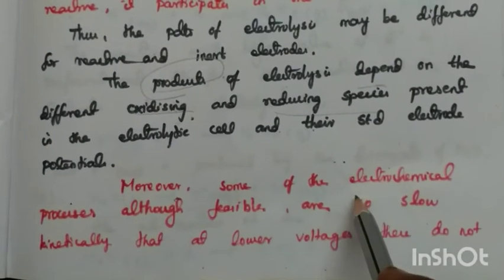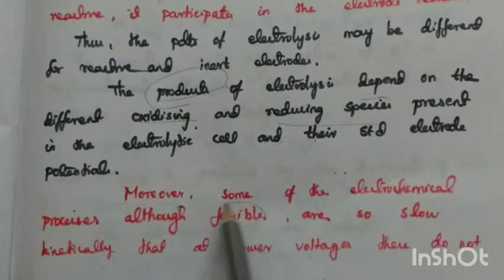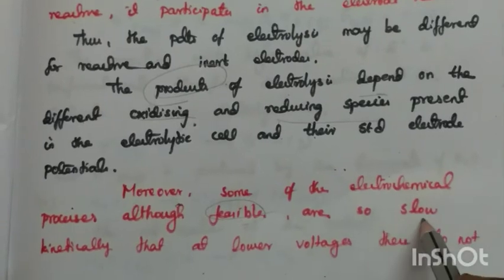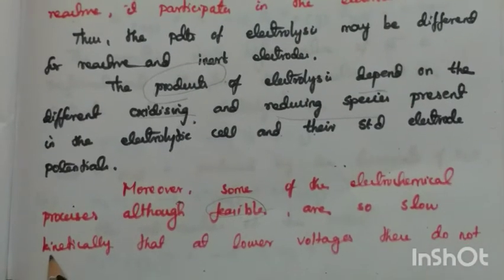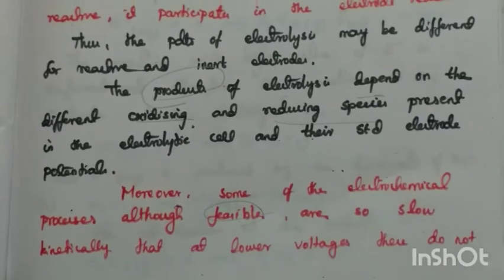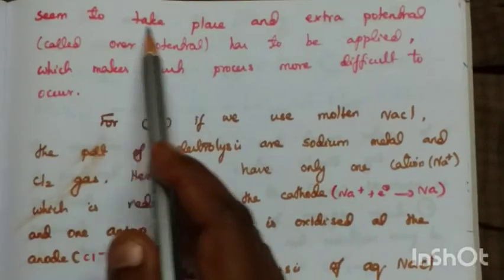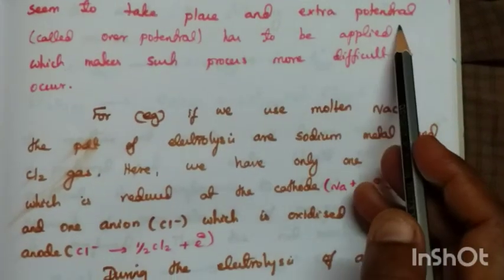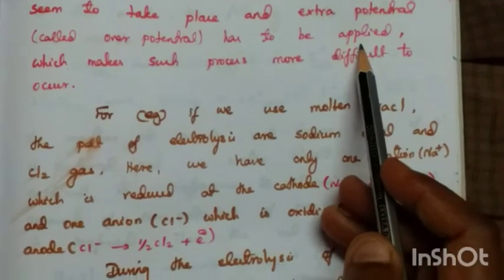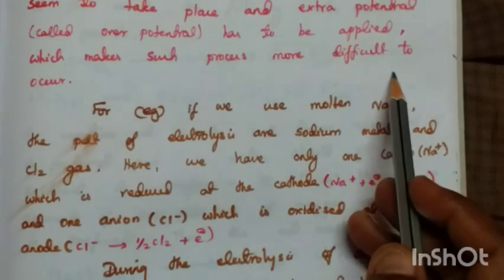Moreover, some of the electrochemical processes, although feasible, are so slow kinetically that at lower voltages these do not seem to take place, and an extra potential called overpotential has to be applied. That means the process is very slow, so we have to give the extra potential, which makes such processes more difficult to occur.